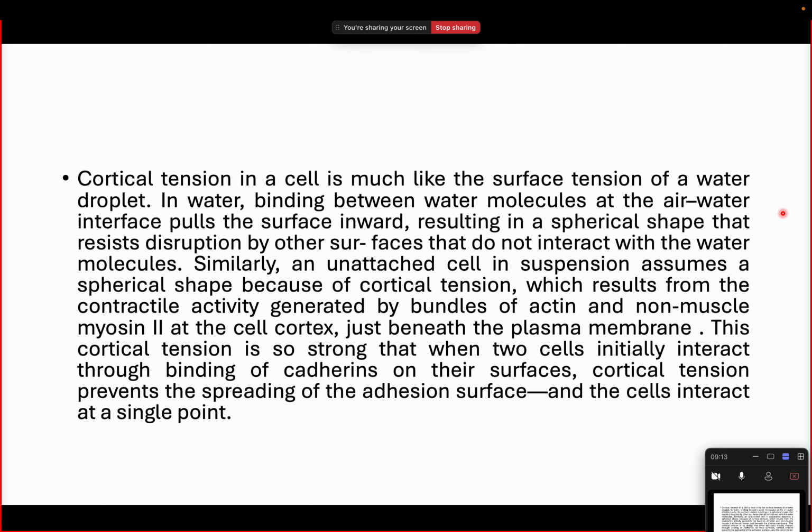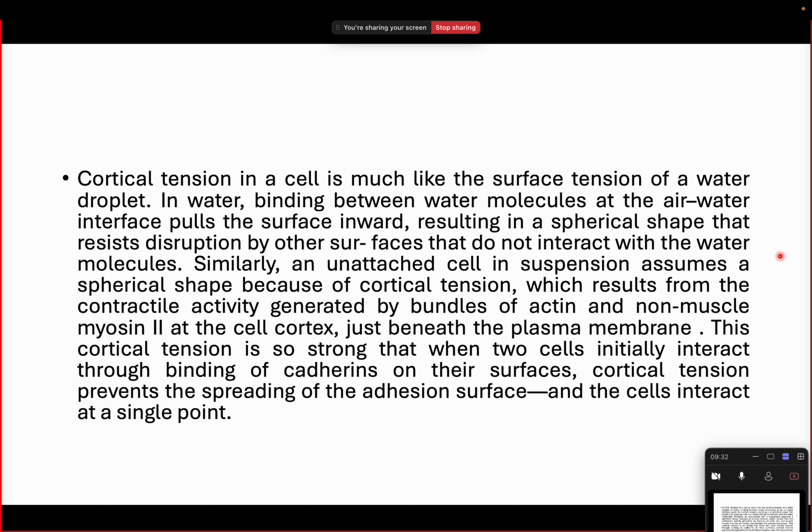Similarly, an unattached cell in suspension assumes a spherical shape because of cortical tension, which results from the contractile activity generated by bundles of actin and non-muscle myosin II at the cell cortex.